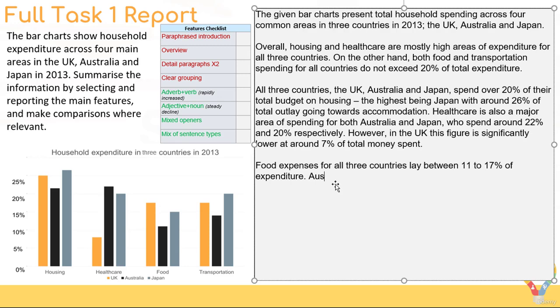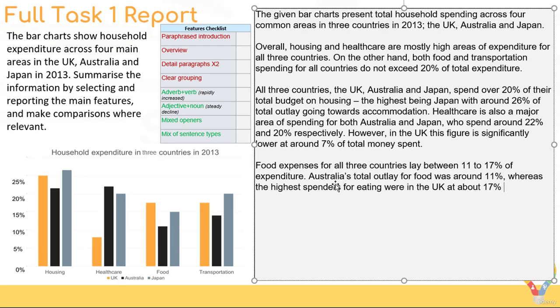So Australia's total outlay for food was around 11%, whereas the highest spenders for eating, just so that we're not repeating food, were in the UK at about 17% of total spending.